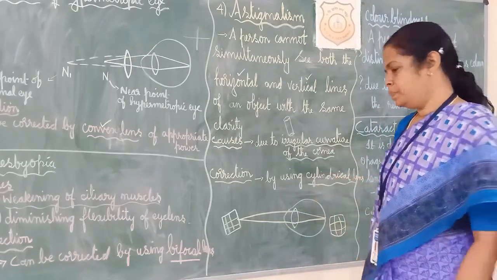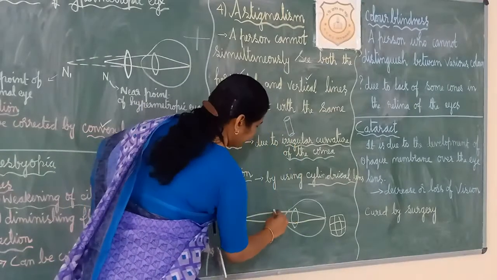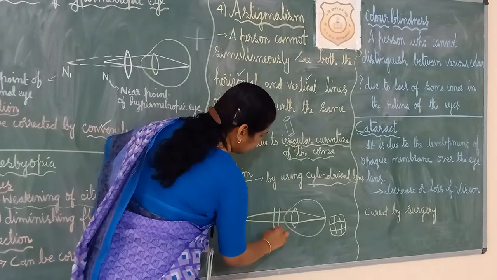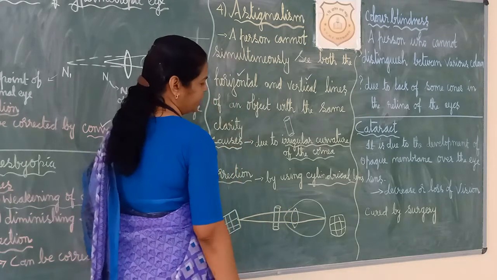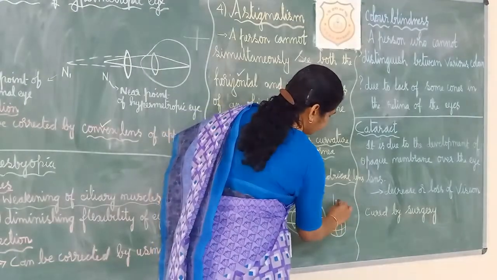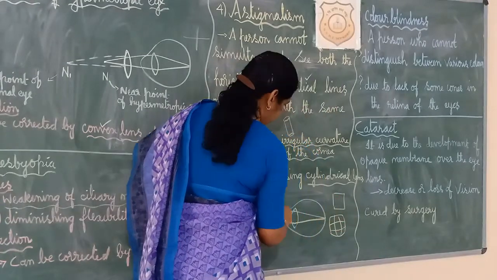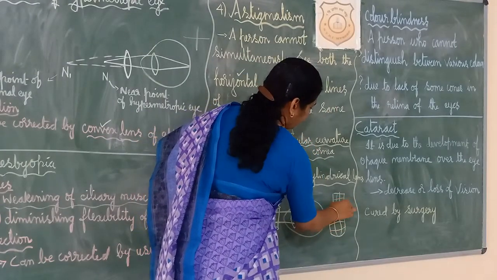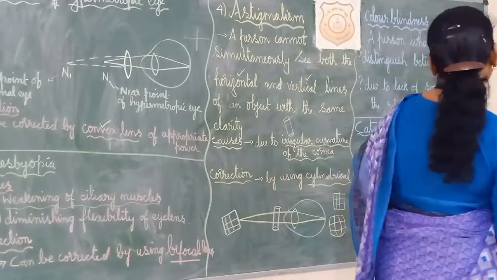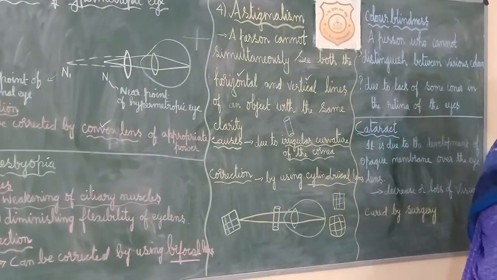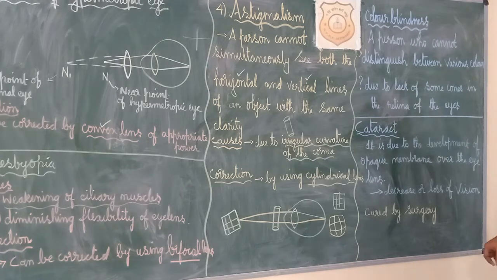For that kind of defect, they will keep a cylindrical lens like this in the specs. If you keep it like that, automatically the image will also be like how the object is. So that is called astigmatism. Okay, these are the four things. And two more things we will discuss.